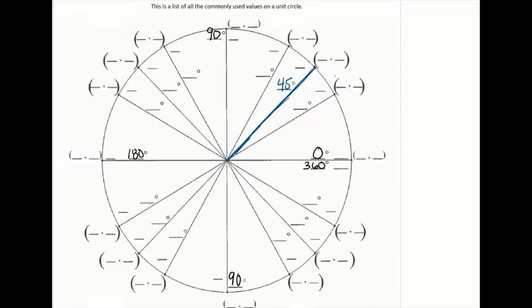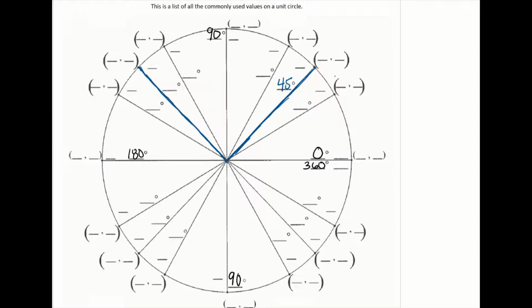And let's look over here. Same thing here. We've talked about reference triangles, and this is why. As you can see, this is very similar. It's the same distance from 0 to 45 as it is from 180 to this number. And likewise, it's the same distance from 90 to this angle as it is to 180.